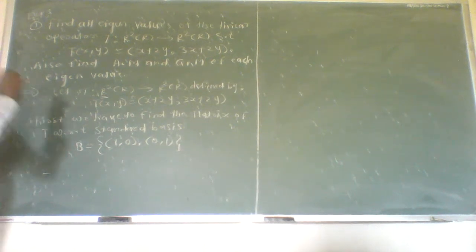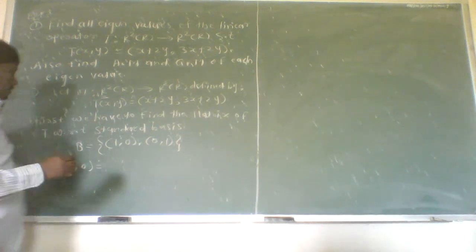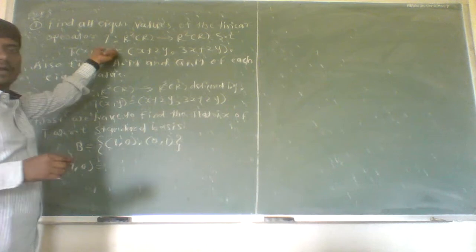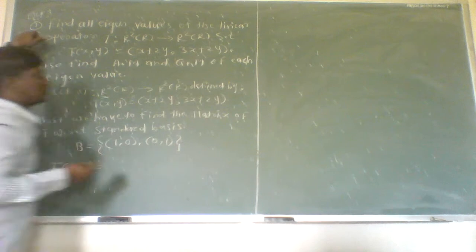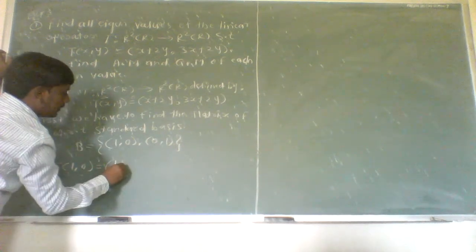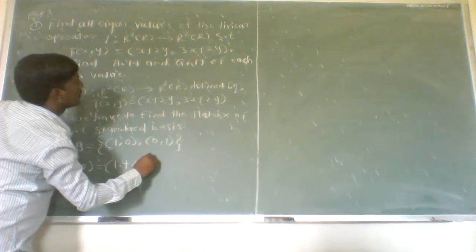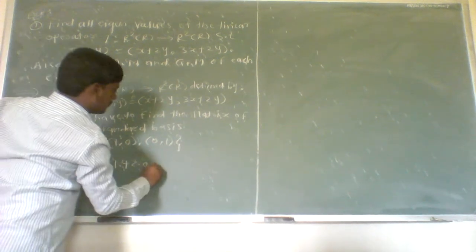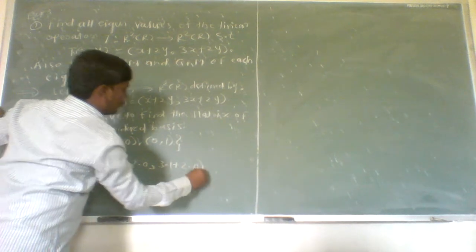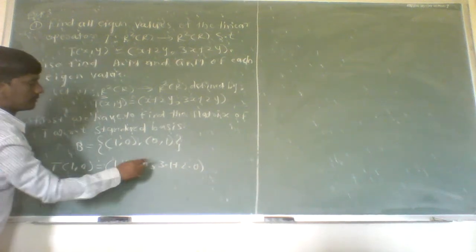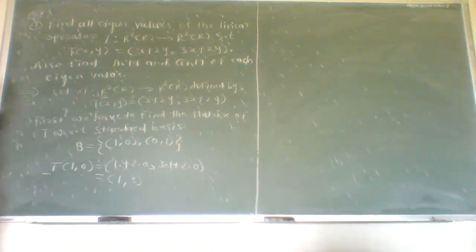Now we have to find out T of (1, 0). T of (1, 0) from the given linear operator is (1 plus 2 into 0, 3 plus 2 into 0). So 1 into 1 plus 2 into 0, comma 3 into 1 plus 2 into 0, which is nothing but (1, 3).